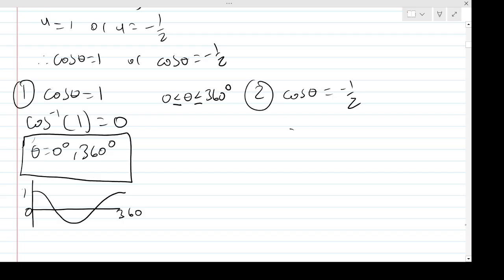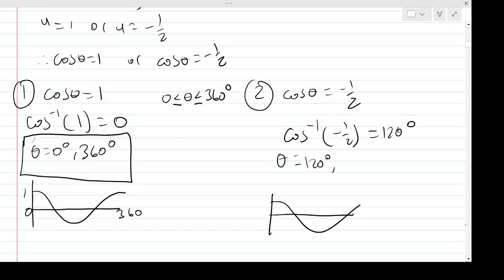So again, let's do inverse cos again. First of all, we would get the answer of 120 degrees. Cool. So then theta, sorry, would be 120. To find the next solution, let's consider the cos graph.